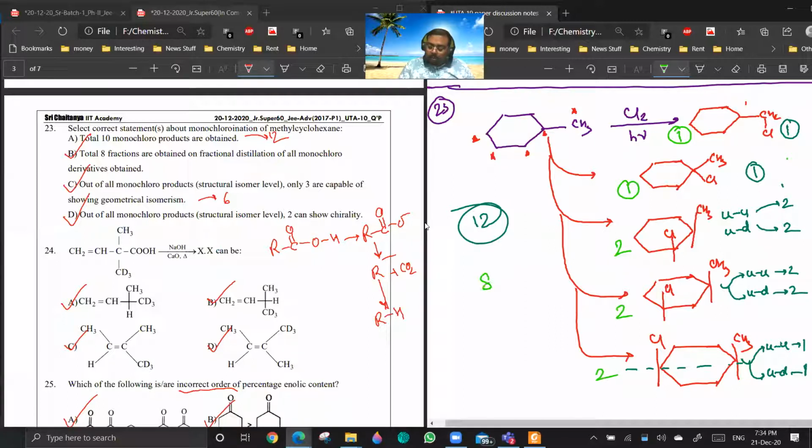Total fractions will be 8. One DL pair is one fraction. Is it clear? Yes, sir. Okay. Option C, out of all monochloro products, at structural isomer level only, only 3 are capable of showing geometrical isomerism. Is that correct? 1, 2, 3. Yes or no?